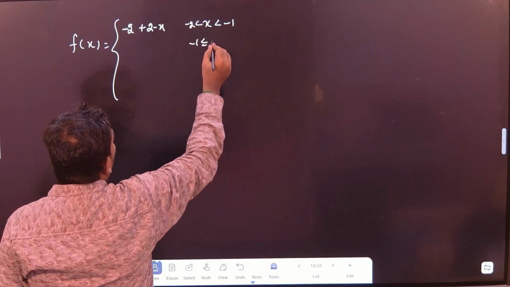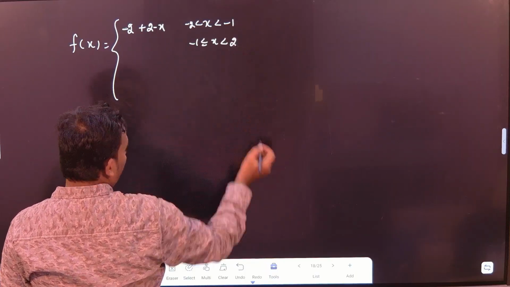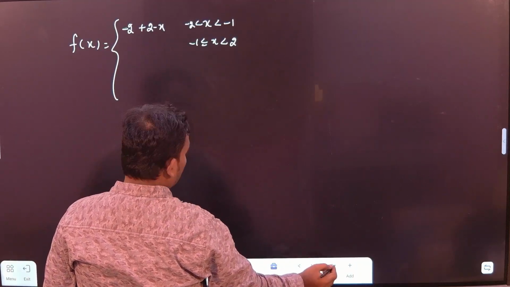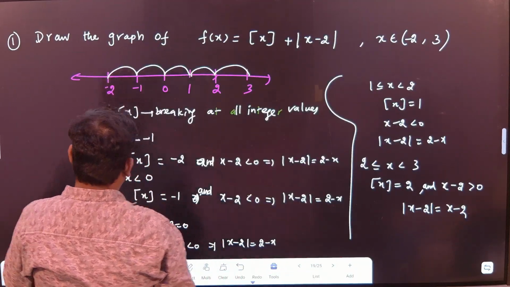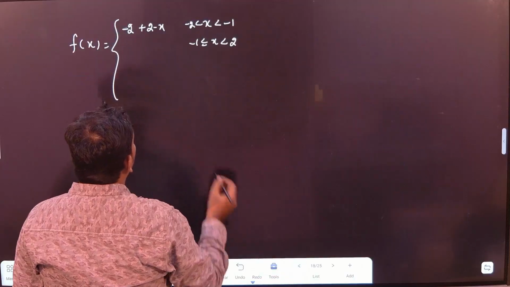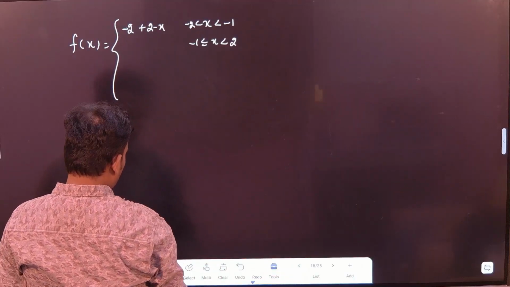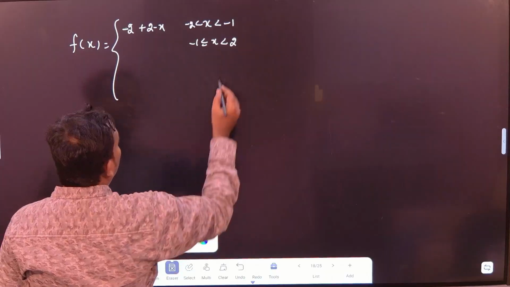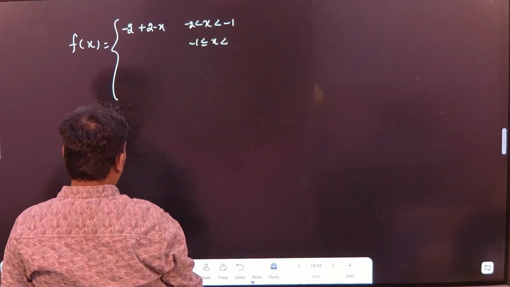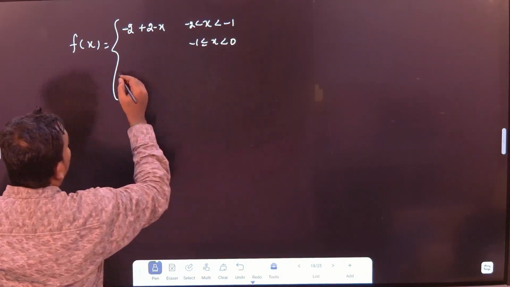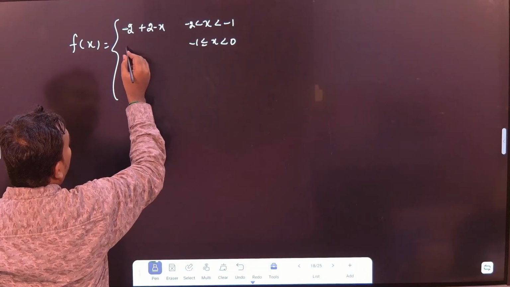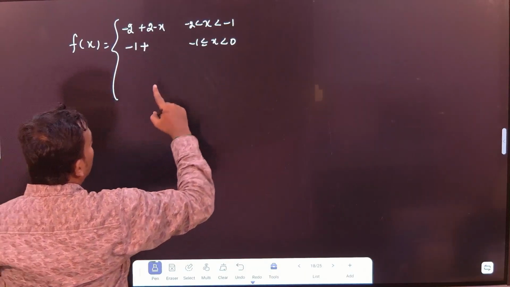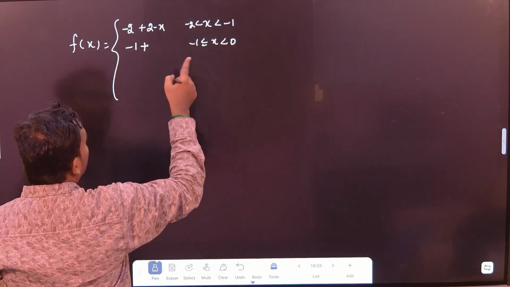When x is minus 1 to 0, the greatest integer value is minus 1 plus mod x minus 2.